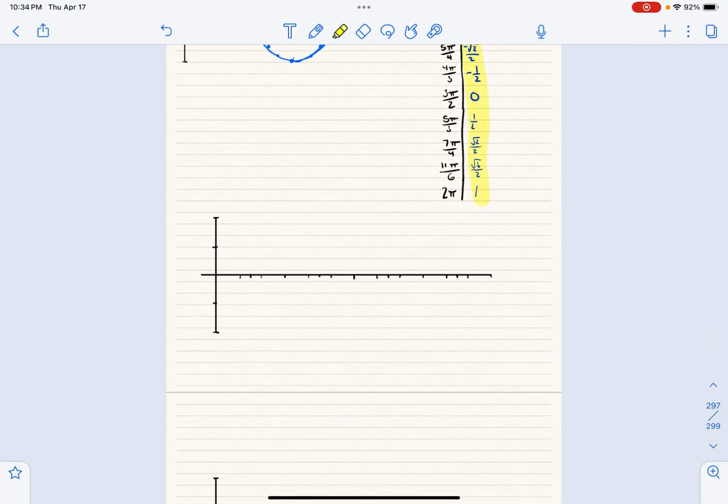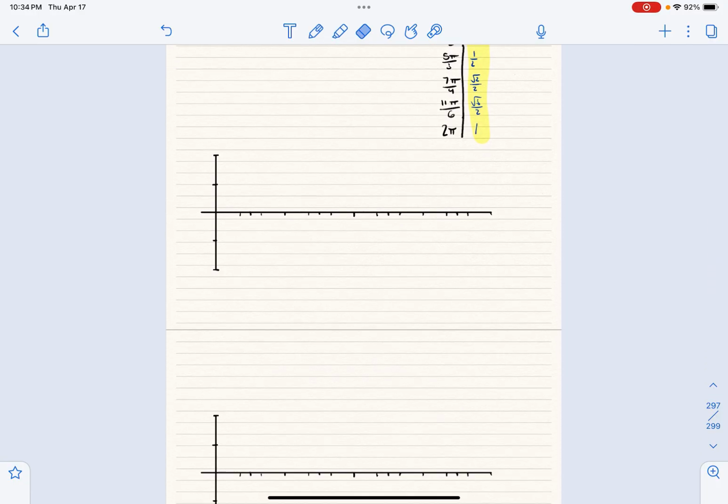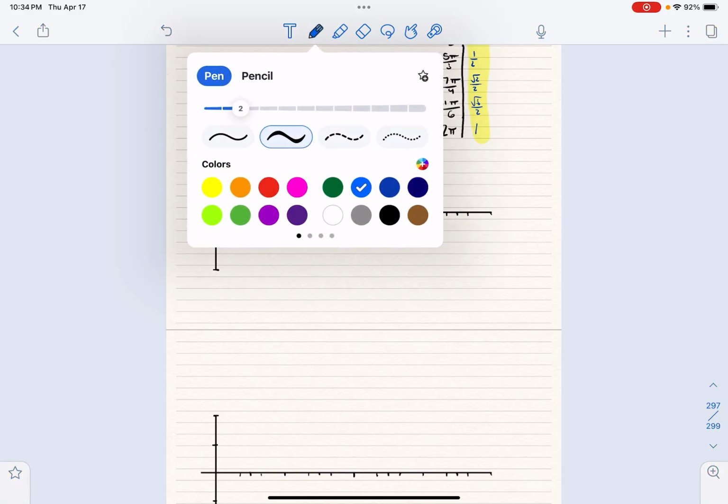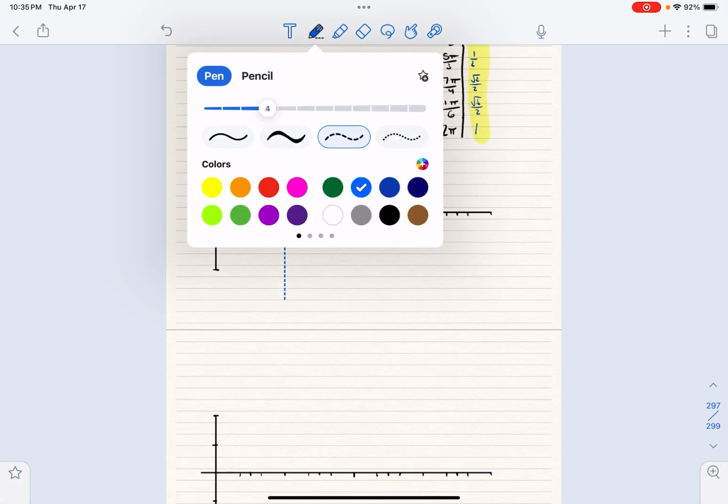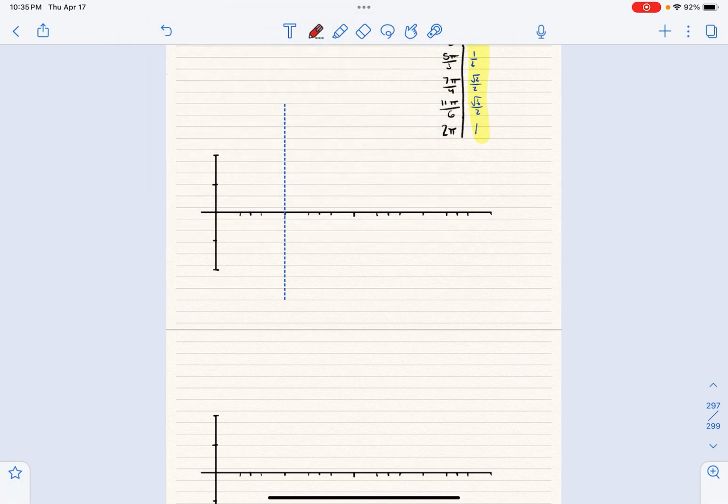Okay, and if you don't remember what an asymptote is, it's basically an imaginary line that passes through a graph. So I could say this one has an asymptote right here, a vertical asymptote right here. And what that means is as our graph gets close to this, it freaks out and goes almost vertical.